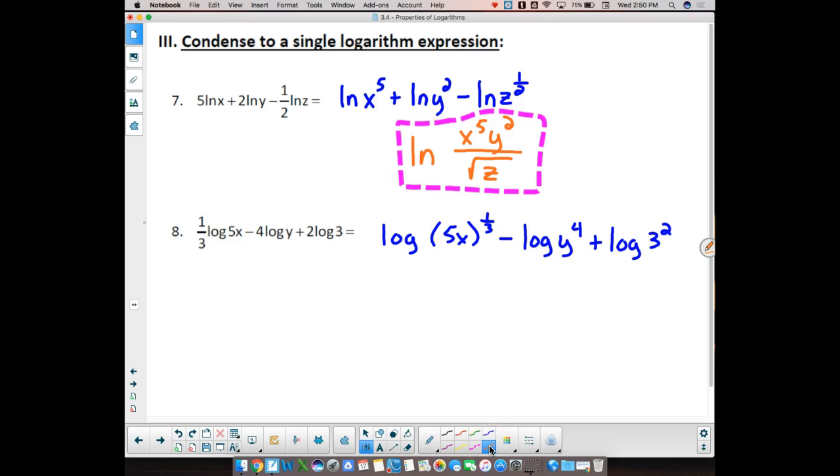For the next one, I get log of 9 times the cube root of 5x all over y to the 4th power.